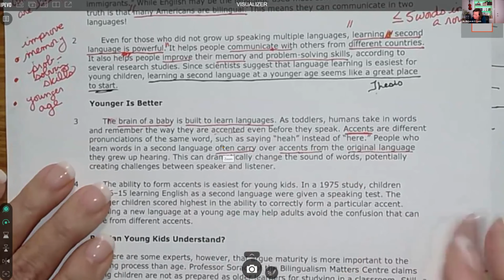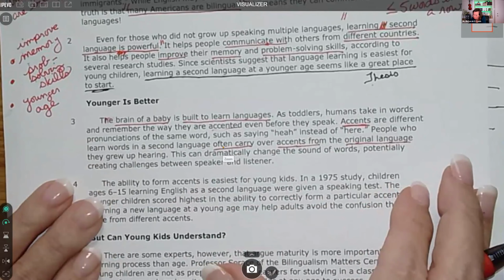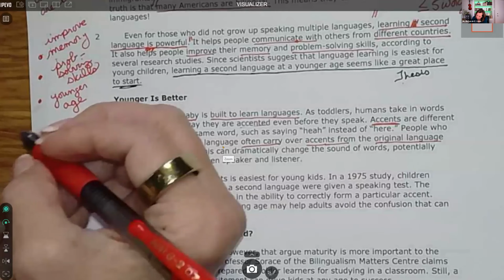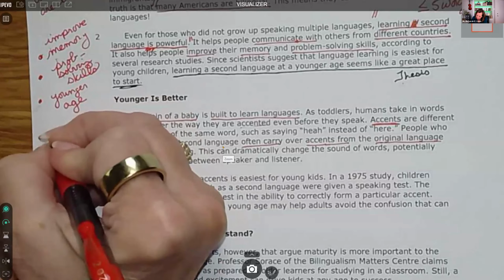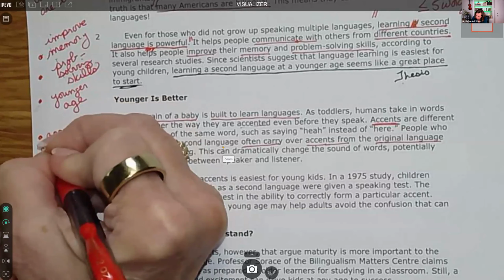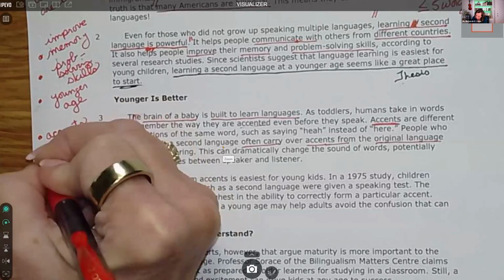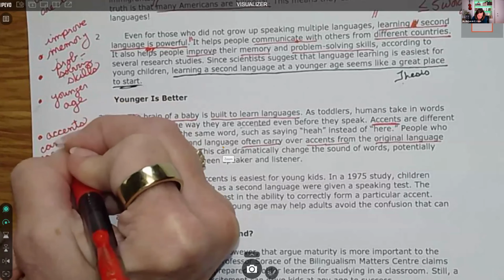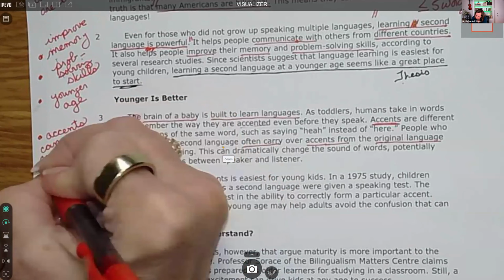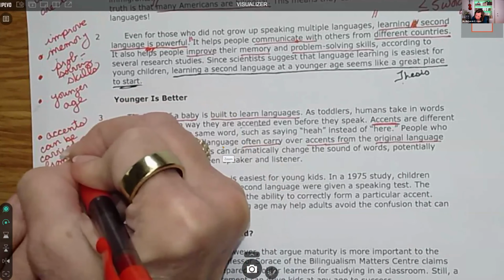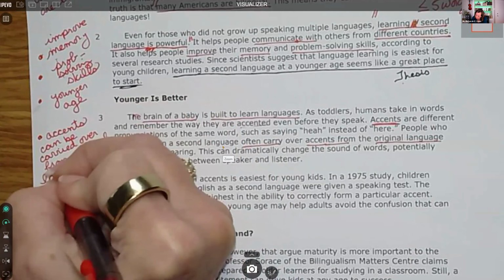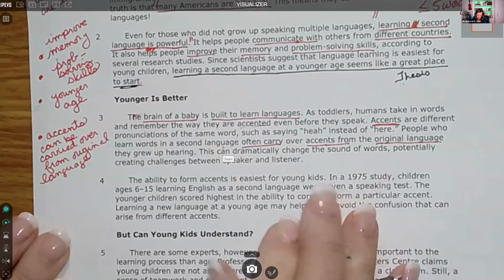This can dramatically change the sound of words, potentially creating challenges between speaker and listener. So here, I'm just going to write accents can be carried over from original language. That's what I get from that, right?